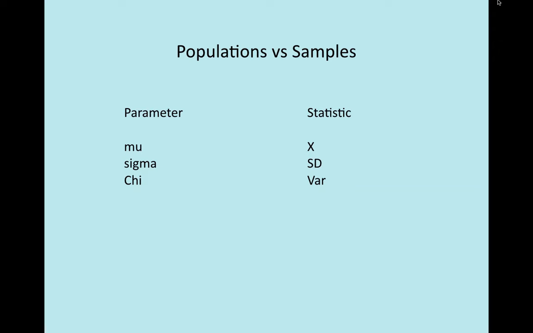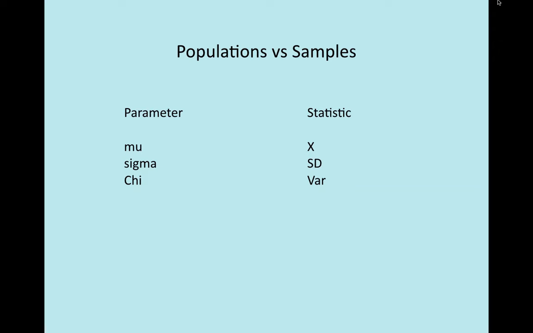Okay, when we talk about populations, any information about populations, we call that a parameter. When we talk about numbers associated with samples, we call that a statistic. When we deal with parameters, for instance, the average for the population, we use Greek letters. The average is mu, kind of like a lowercase u, represents the mean for a population, but we use x with a bar over it for the mean of a sample.